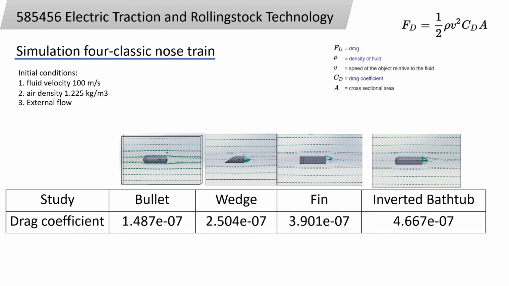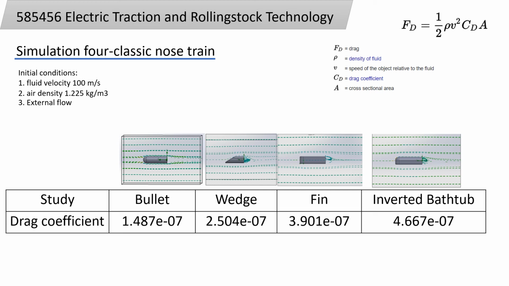Let's talk about the simulation of 4 different types of nose train. We designed 4 different types of nose train and simulated to find out which of these 4 has the smallest value in terms of drag coefficient.